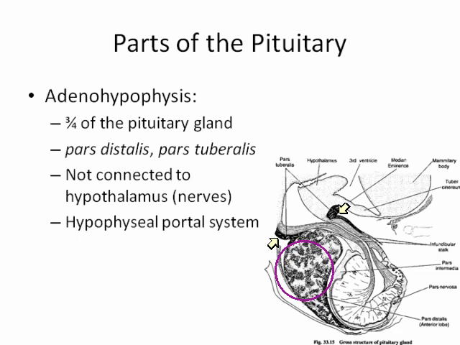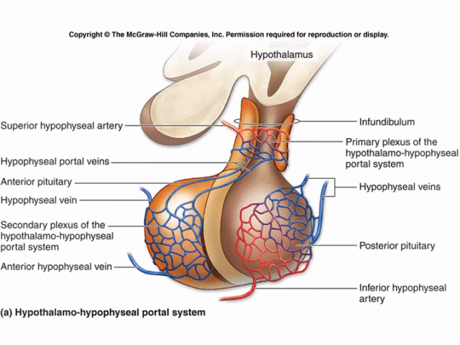The anterior pituitary is connected to the hypothalamus through the hypophyseal portal system. And that is what we're looking at here. Right up in this area here, of course, we have the hypothalamus.